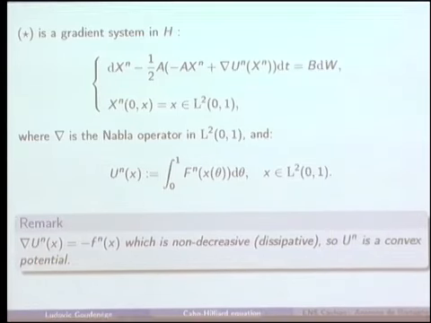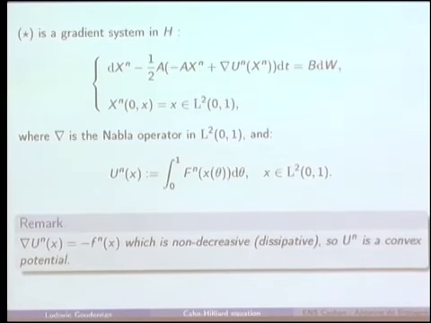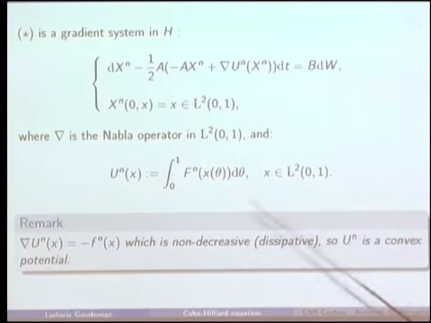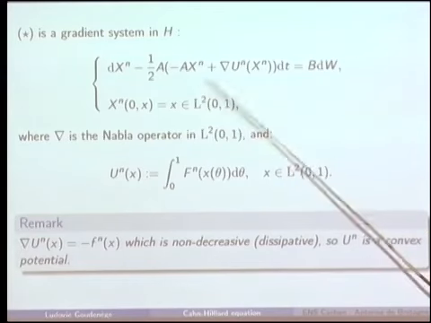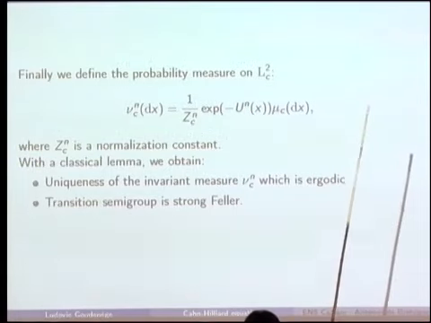And we will try to understand the invariant measure of this new equation. So we rewrite the equation again in some abstract form. We have U, a potential which depends on the energy functional F. So this system is now a gradient system, and you can write the invariant measure of this system like before.